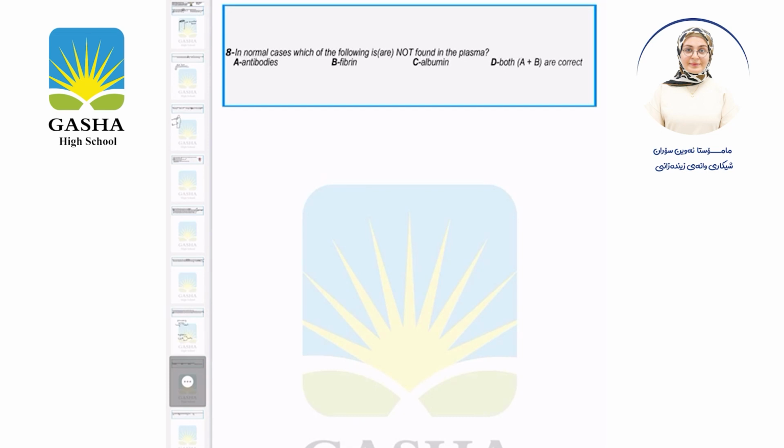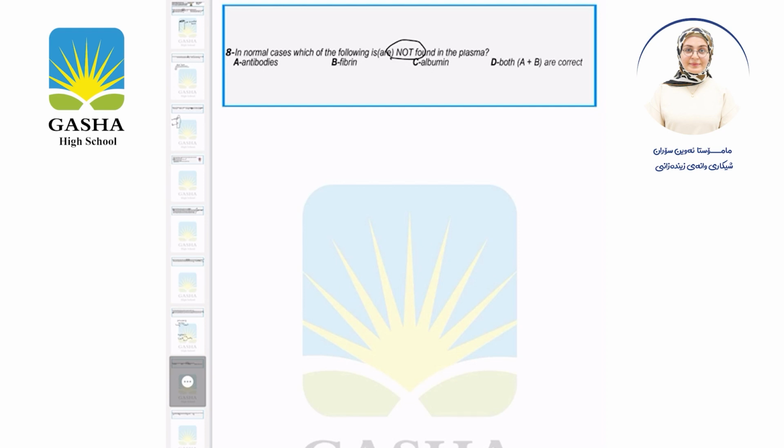Question 8. In a normal case, which of the following is not found in plasma? The first one, A, antibody. B, fibrin. C, albumin. D, both A and B are correct. Let's talk about A, antibody. In this case, it's talking about not found.